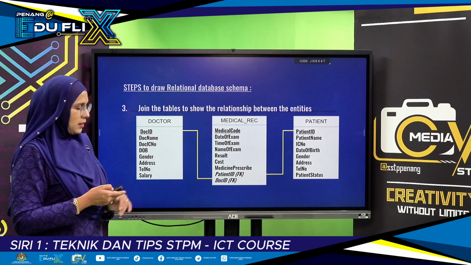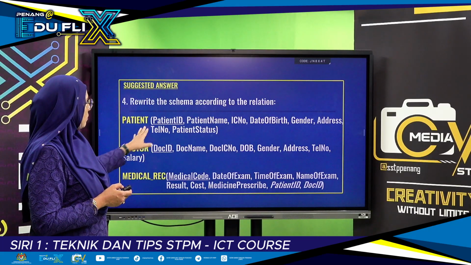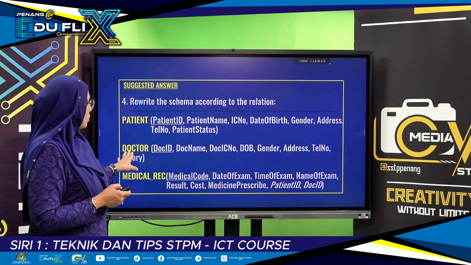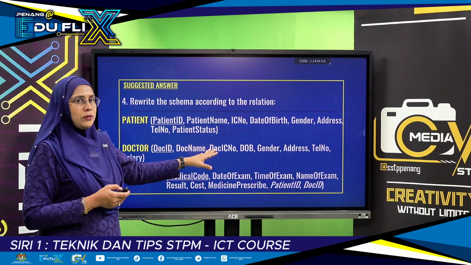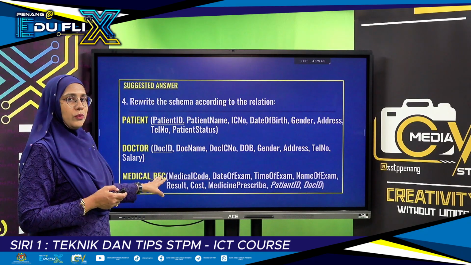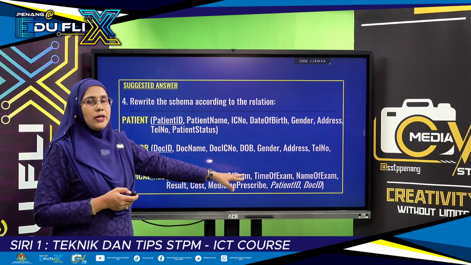Just copy. So the relational schema will be, patient with all the attribute inside, doctor, all the attribute, and the most important here is the medical record, which is at the center, and you have to include the foreign key.